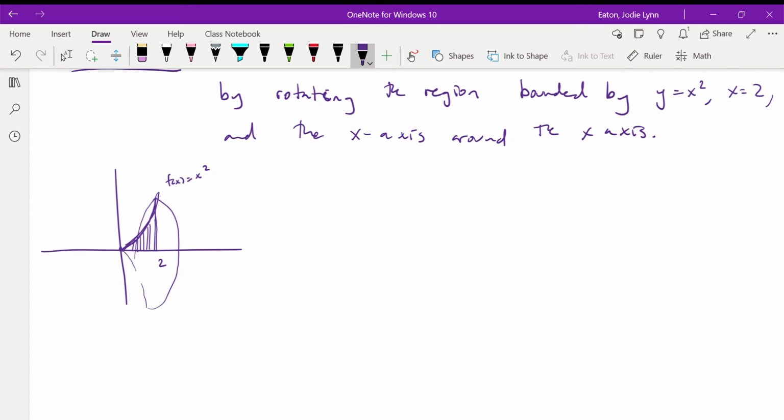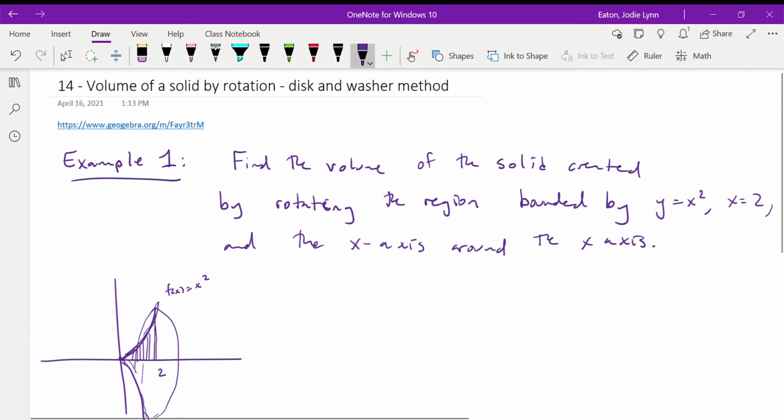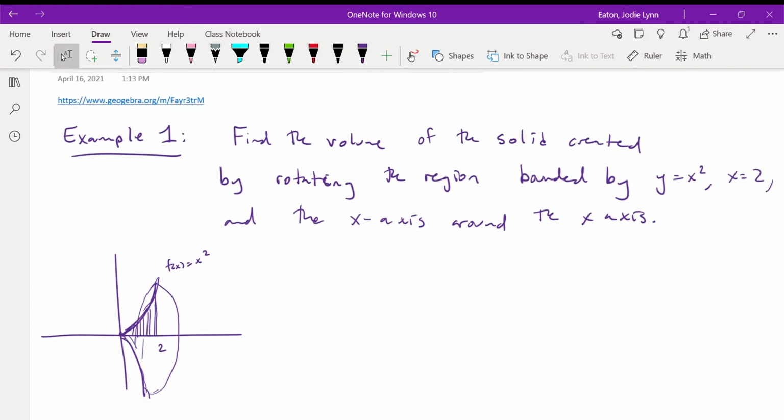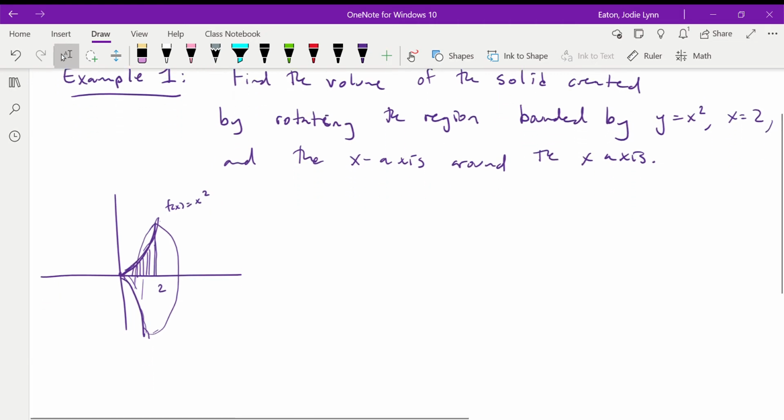So we make a cone-looking solid, and it's going to come out here and look like that. So it's going to go down in the same way, and it's going to be a nice solid. So it's sort of like taking an area and making a cone. And I have another link here on the notes that you can go check out, which is a nice visualization of what this actually looks like in 3D, made by somebody with way more computer skills than I've got.